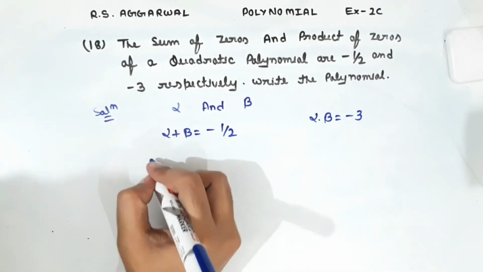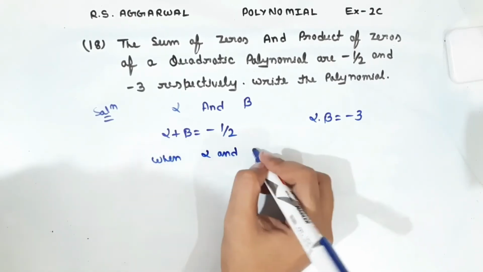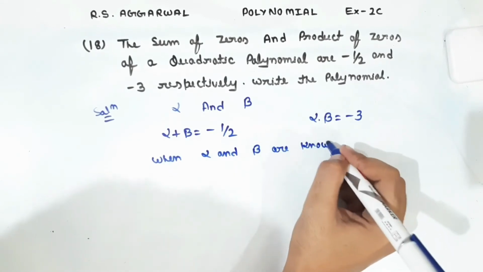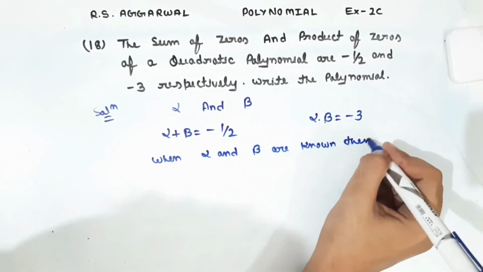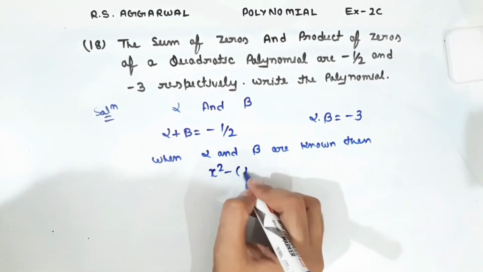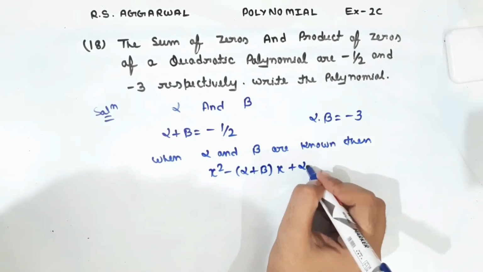We know that when alpha and beta are known, then our quadratic polynomial will be equal to x square minus (alpha plus beta) x plus alpha into beta.